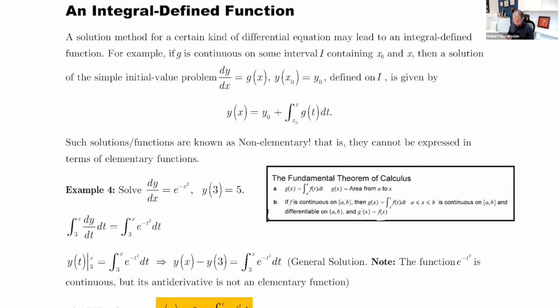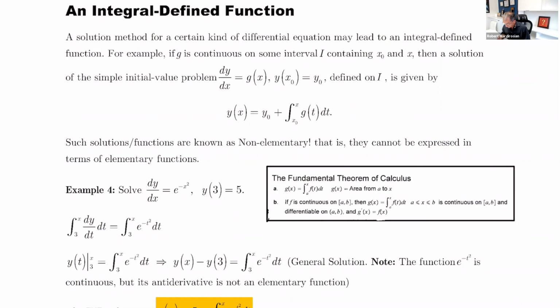Now in this case, you can say y of t going from 3 to x is the same thing as that function, taking the integral of both sides. So if we write that, then we can say y of x minus y of 3 equals the integral. This is a general solution.